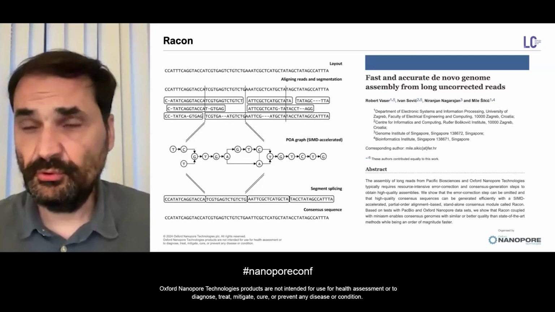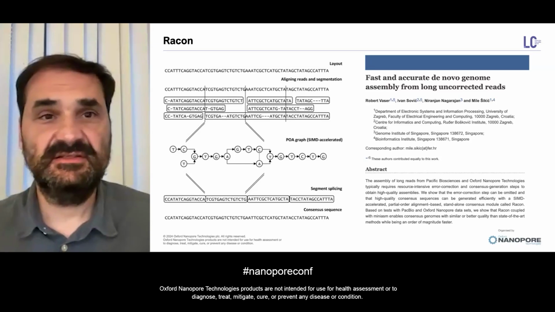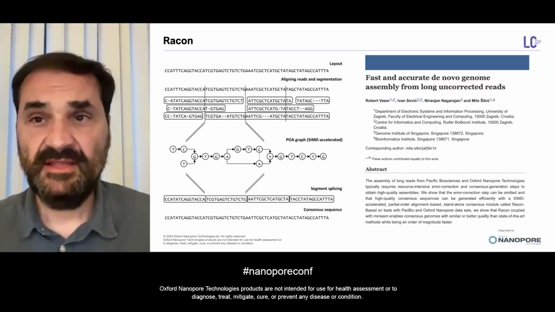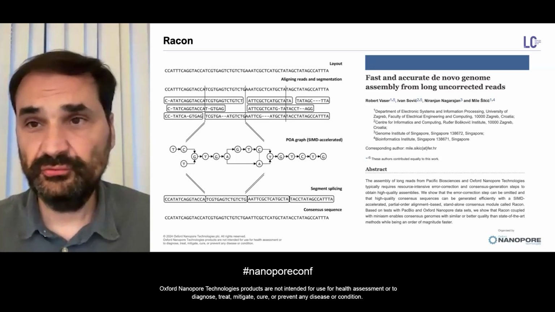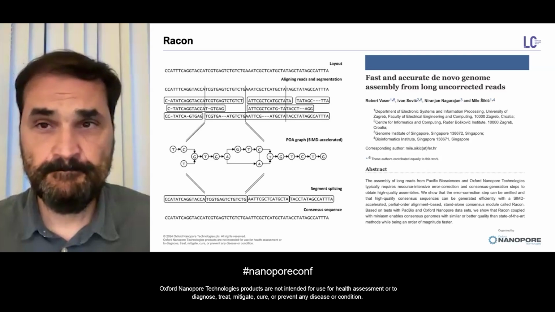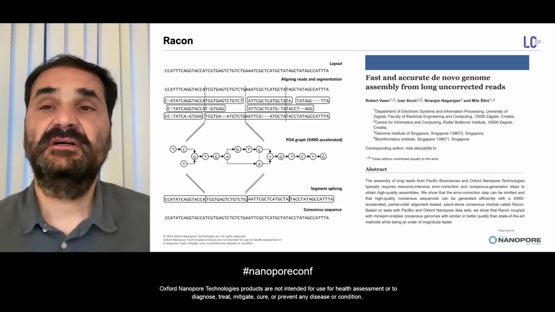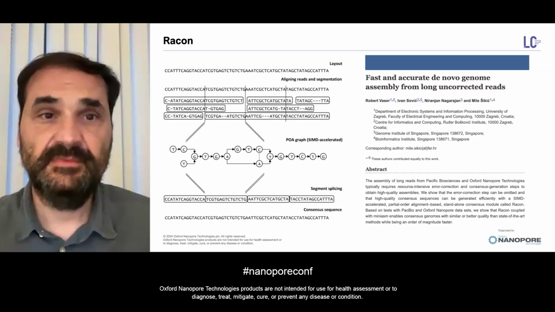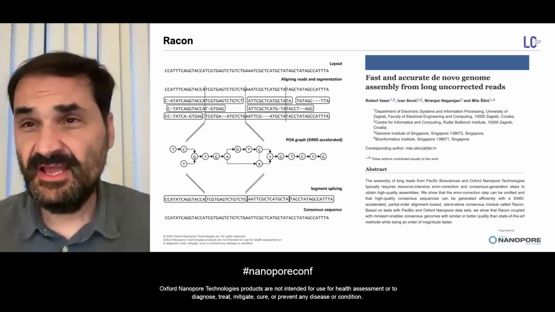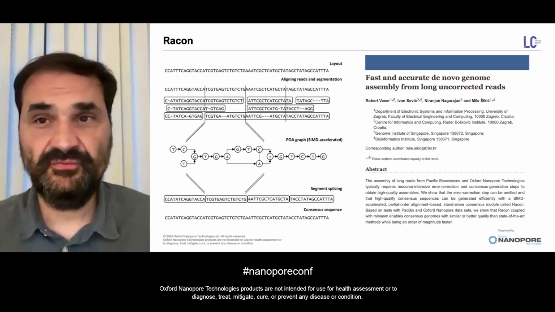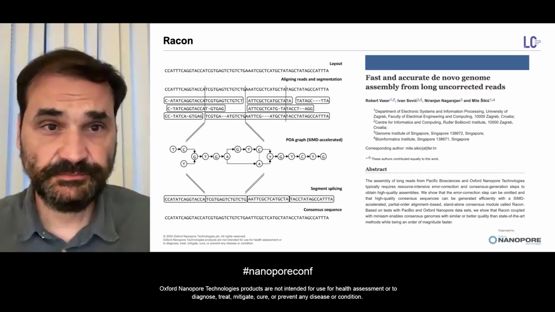The standard approach for correction is to have a read and then overlap all reads to that one. After we have all of these overlaps, we split them into windows. In each window, we try to find the multiple sequence alignment.